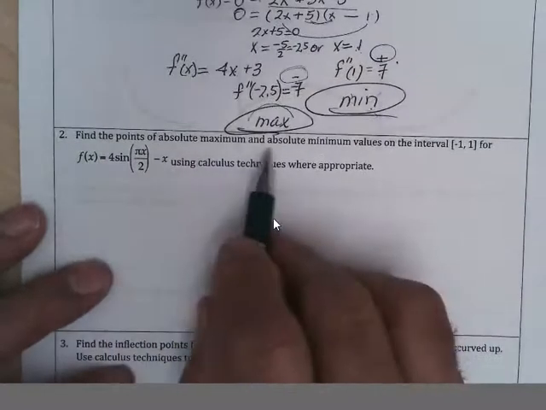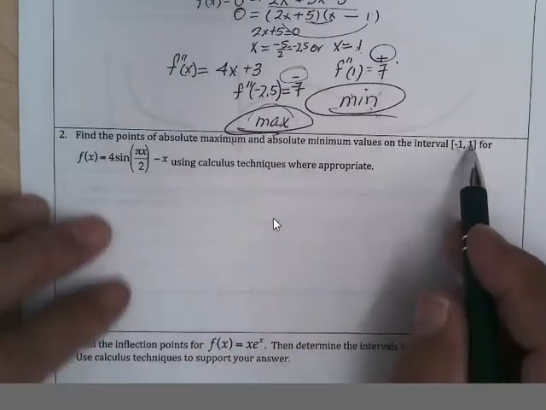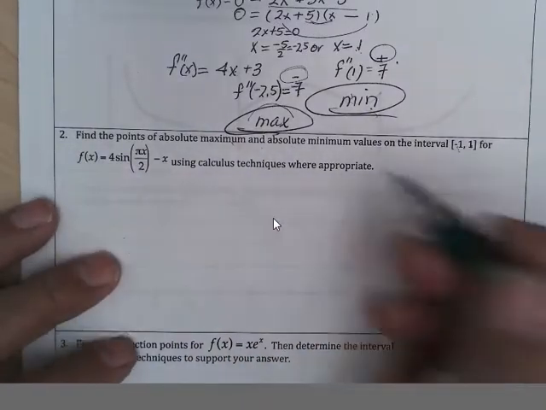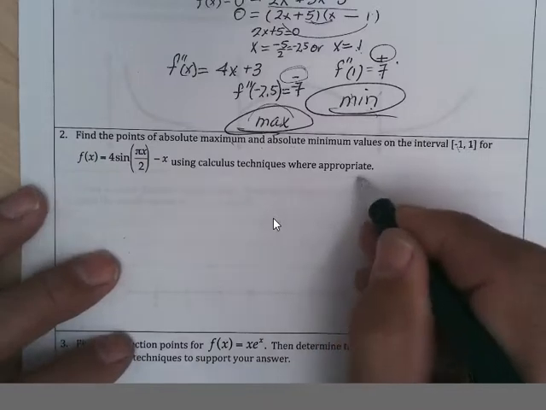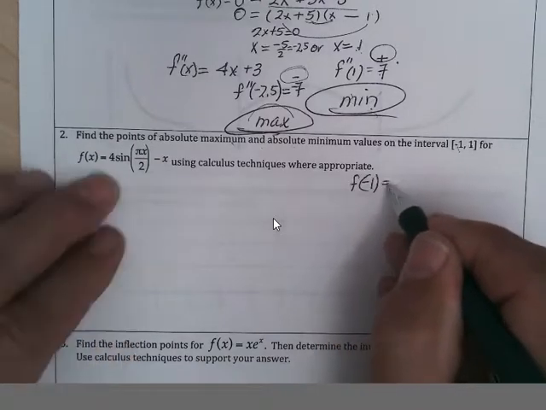Find the absolute max and absolute min on the interval from -1 to 1 for this. So I always want to check the endpoints. So what is f of -1? Well, I put -1 in here.